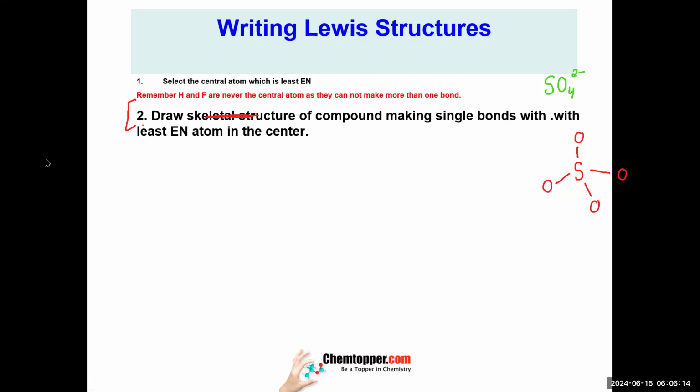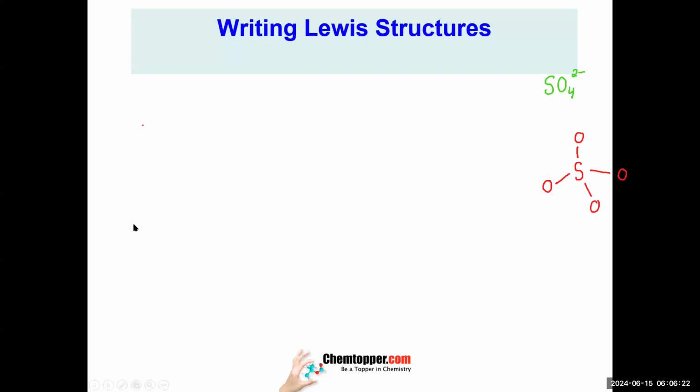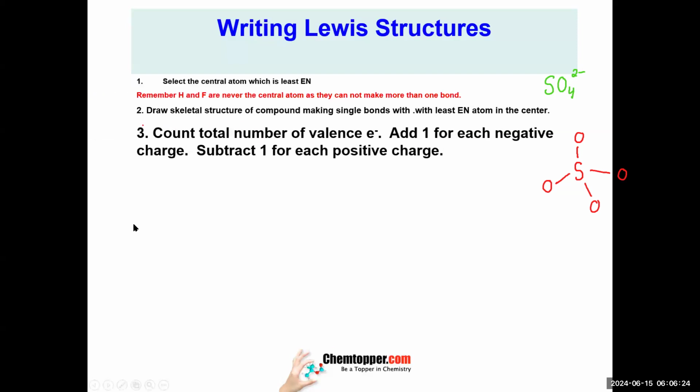Okay, now I'm taking you to the next rule, rule number 3. In rule number 3, you are going to count the total valence electrons. If it is an anion, add extra electrons; if it is a cation, then subtract. Like this is an anion.